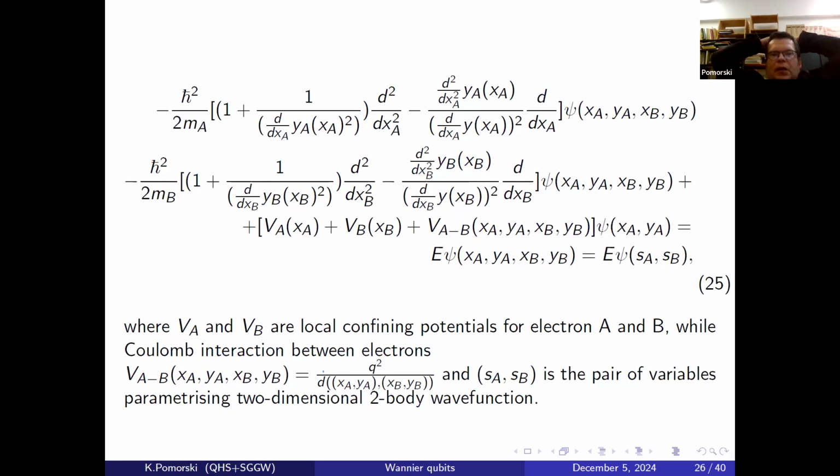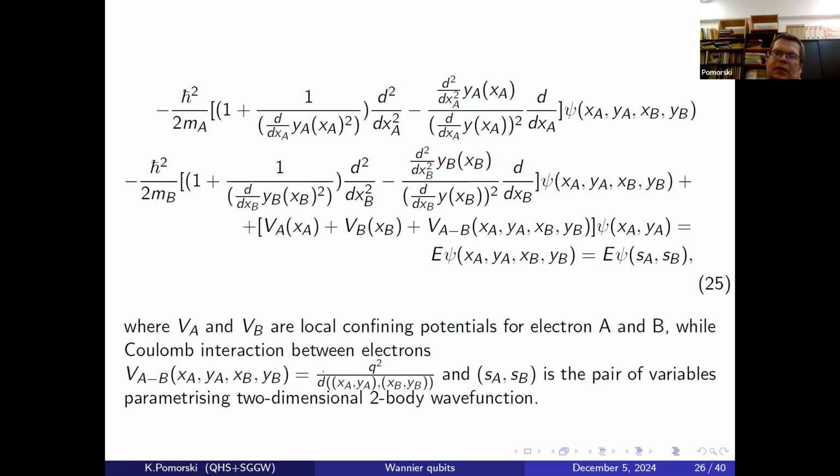So there are two effective potentials VA and VB, which depend on the gates, on these electrostatic gates. And then there is AB interaction, usually kind of Coulomb-like, but you can put more and more features into it, even magnons and other things. And then this acts on the two-body wave function.